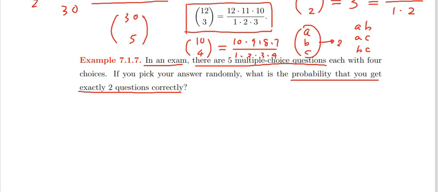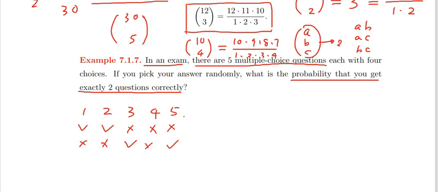Let's say we have 5 questions: 1, 2, 3, 4, 5. You can get exactly 2 questions correct. It could be that the first one is correct, the second one is correct, and then the others are not correct. Or it could be this way, where these are correct and all the other 3 are not correct.